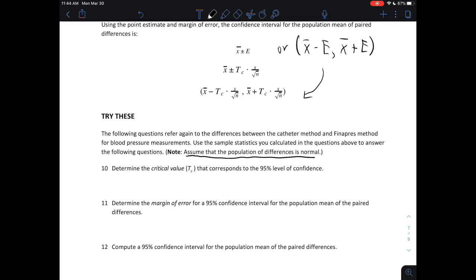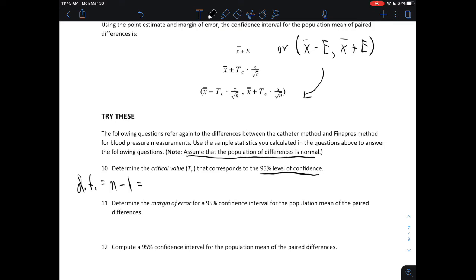So first, number 10, determine the critical value t sub c that corresponds to the 95% level of confidence. What we need is the level of confidence, 95%, and we also need the degrees of freedom. Remember that degrees of freedom is sample size minus 1.